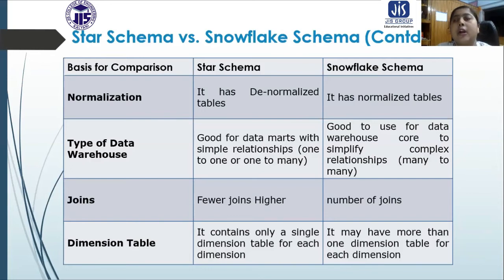When we talk about joins, in star schema fewer joins are required, but in Snowflake schema we can have a high number of joins because the tables are normalized. Dimension table: in star schema, it contains only a single dimension table for each dimension. But in the Snowflake schema, it may have more than one dimension table for each dimension.